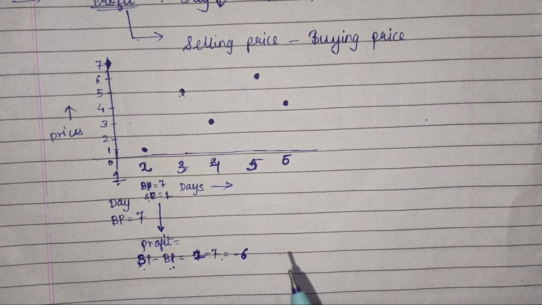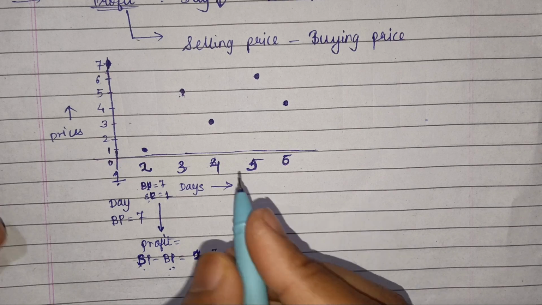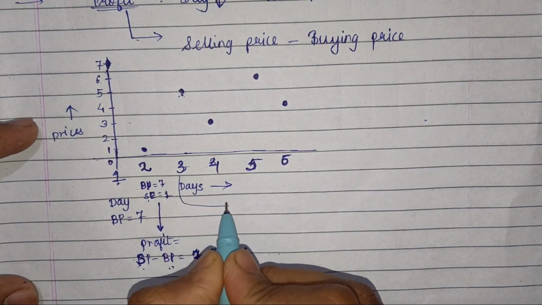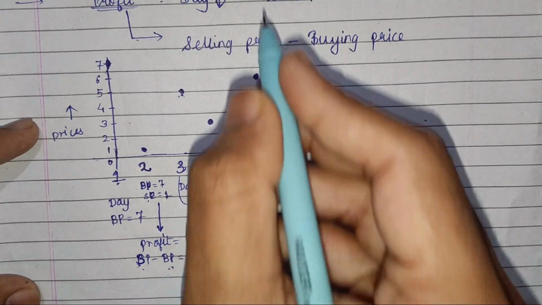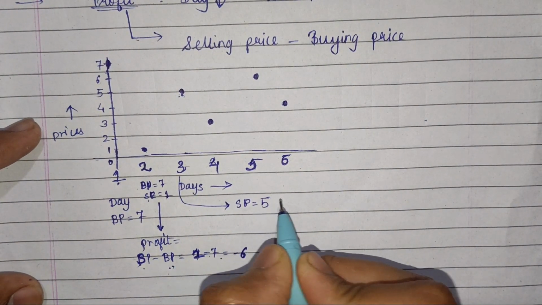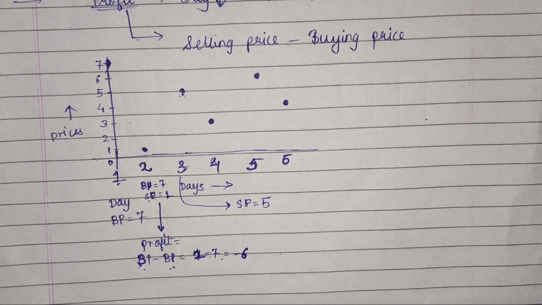So on day 3 the selling price will be 5. As we have seen, for the buying price we should take the minimum of the previous.